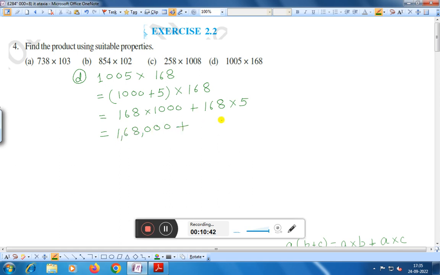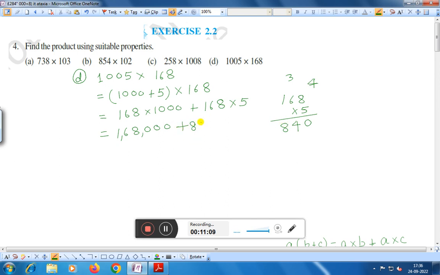Plus if we multiply 168 by 5: 5 times 8 is 40, 4, it is 0, 5 times 6 is 30 plus 4, 34, 3, it is 4, 5 plus 3, 8, 840.